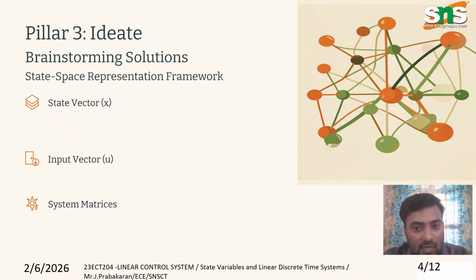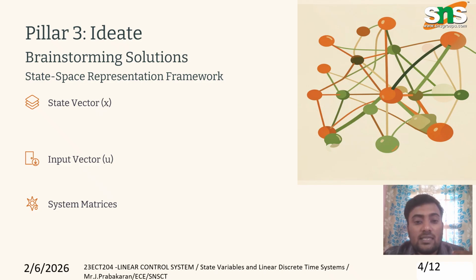Now let us understand the components of a state space model, that is a state vector, an input vector, and system matrices. The state vector contains all state variables. For example, position and velocity together form a state vector, and input vector contains external signals applied to the system. For example, voltage, force, and current.